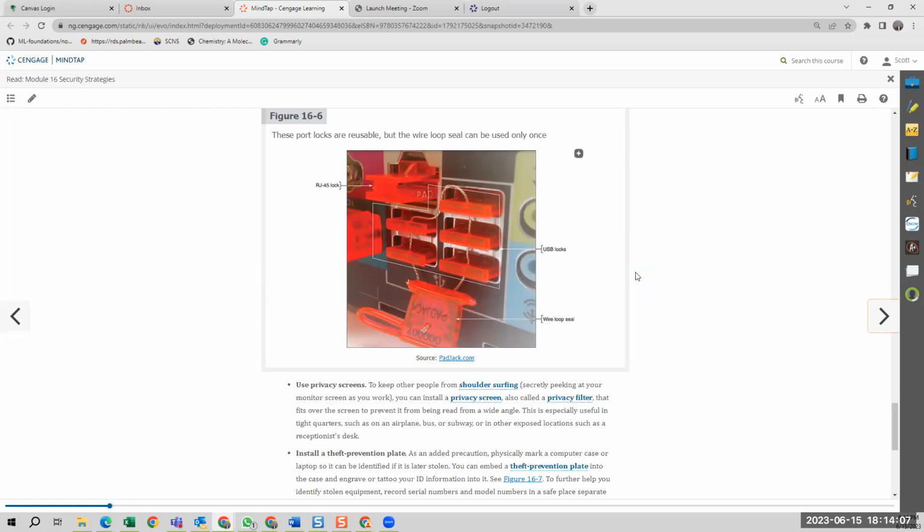So we've got theft prevention. We've got reduction of the likelihood of somebody stealing some data from us. We don't want them stealing the unit itself, and we don't want them introducing anything into the system.